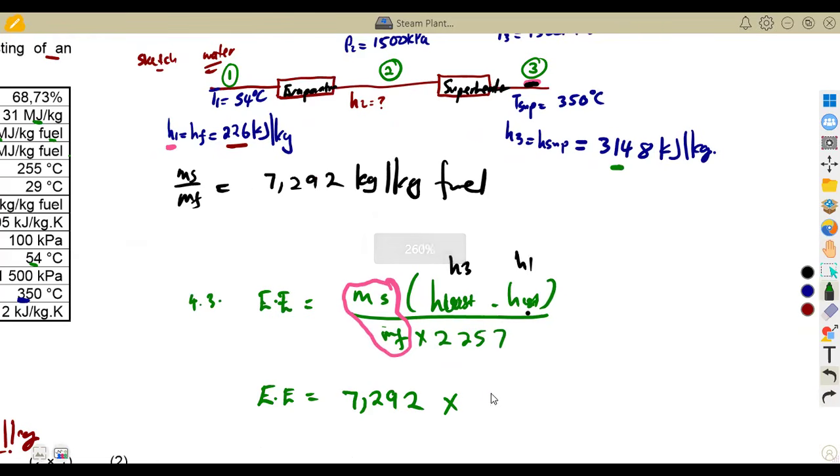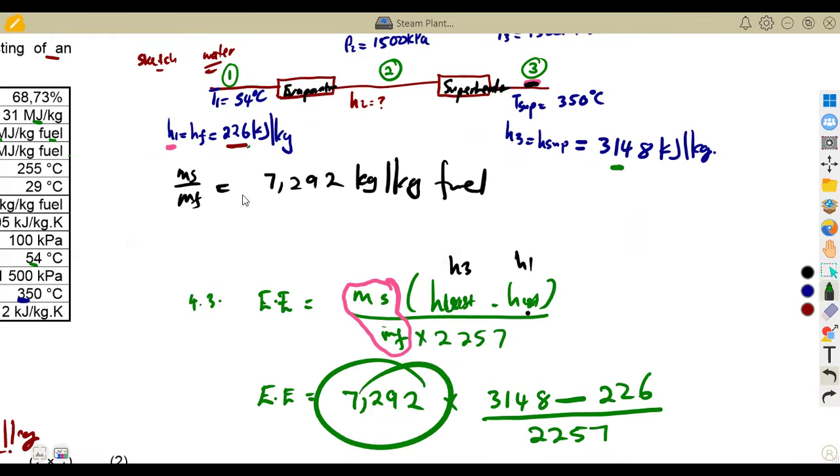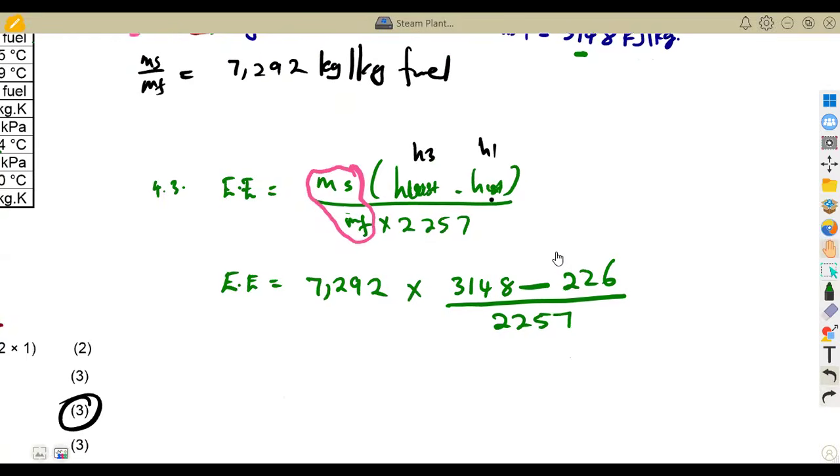H3 is 3,148 minus H1, which is 226, everything over 2257. We already have that value, so we are just inserting it as it is.